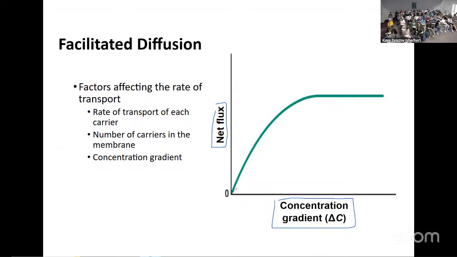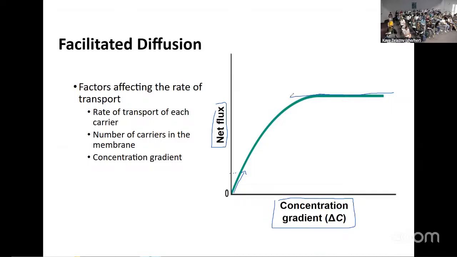So in general, when the concentration gradient is higher, our net flux is also higher, right? But we can see that this isn't a one-to-one relationship. It's not just like a straight line. And you can see there's kind of a cap on it too, right? So you can see how this line plateaus up at the top, right? So that's the difference that we see because of this involvement of the carrier protein.